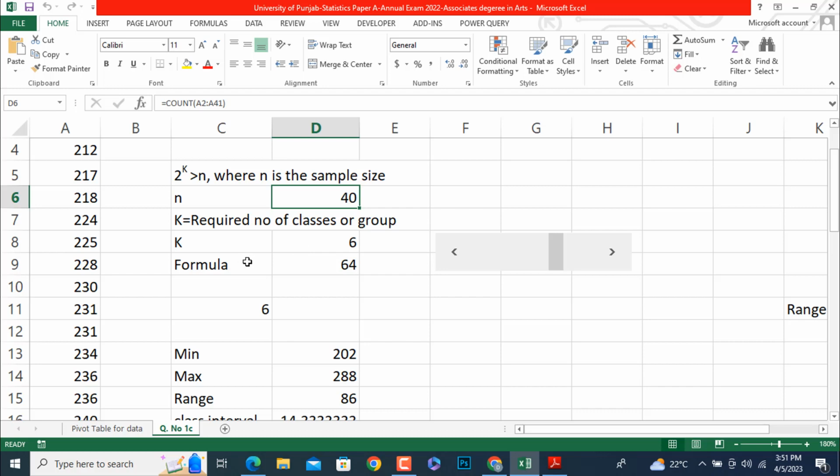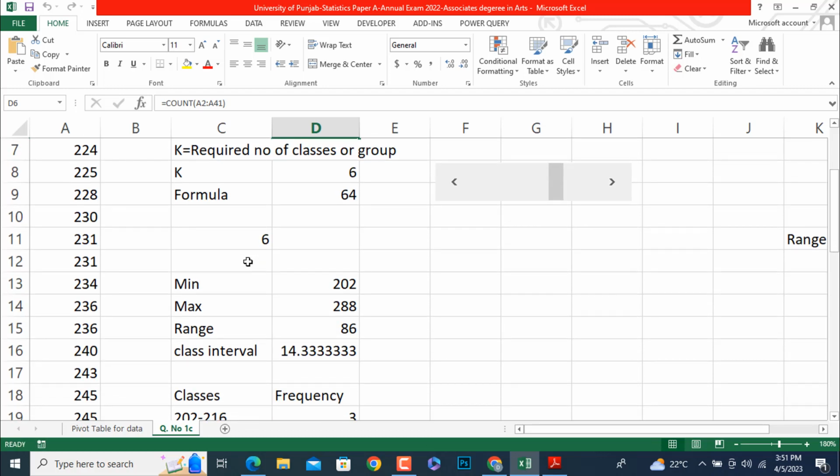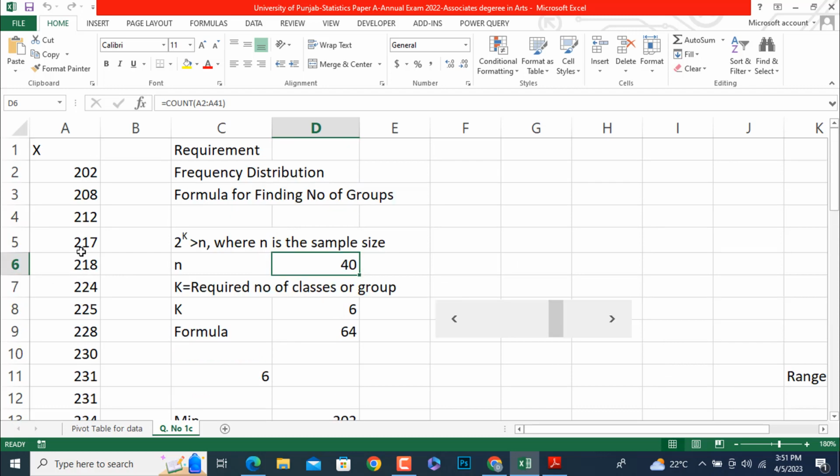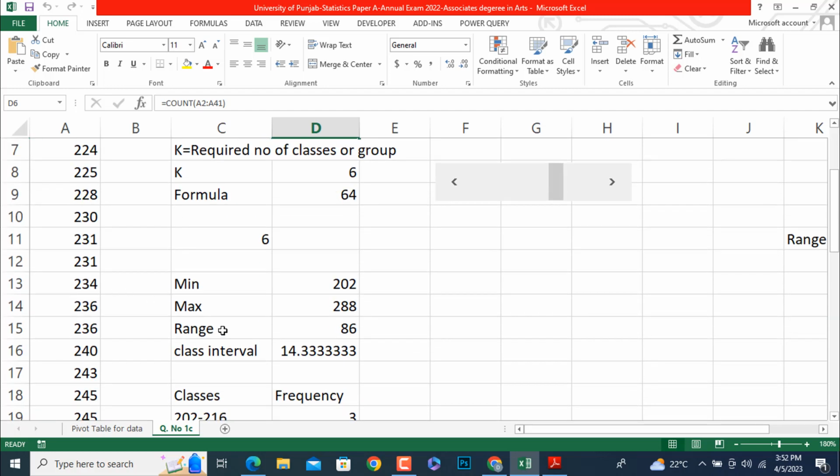In the next step we are going to determine the class interval, or height of the classes or groups. For this purpose we need two values, minimum and maximum. You can find the minimum easily: the first value is the minimum and the last value is the maximum if the data is arranged in ascending order. So we need the range.